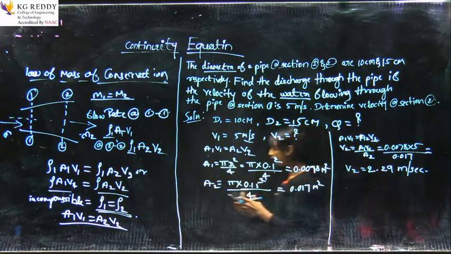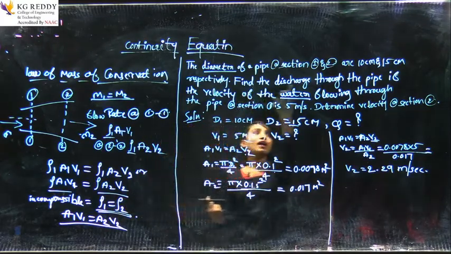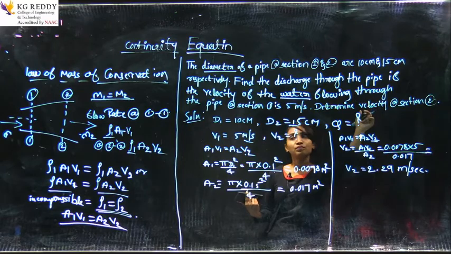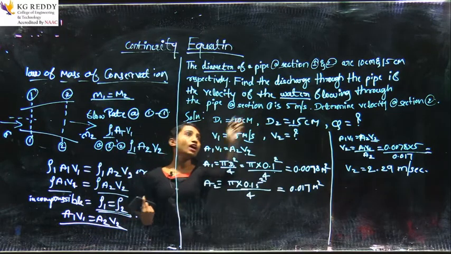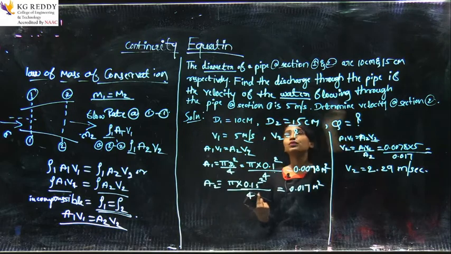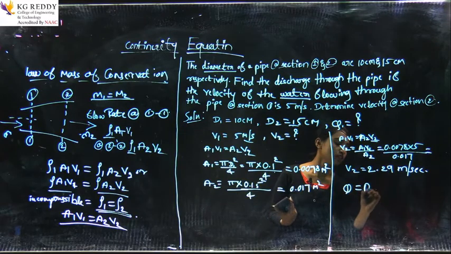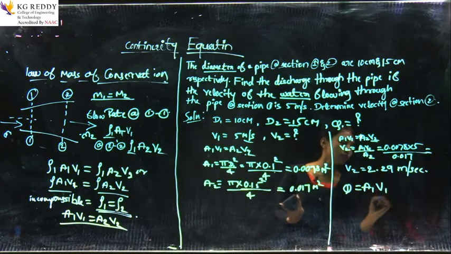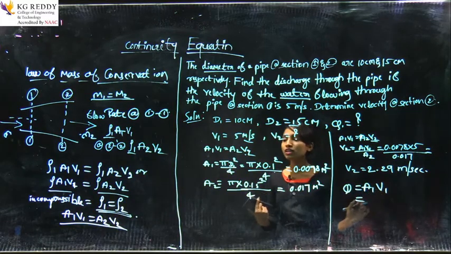The one more they asked is, can you read? Find the discharge through the pipe. So what is discharge? The discharge through the pipe if the velocity after flowing through section 1. So Q they ask, Q is equal to A1 V1. This is the discharge, area into velocity.